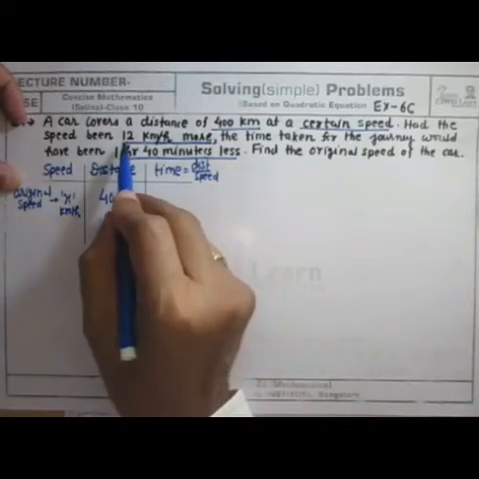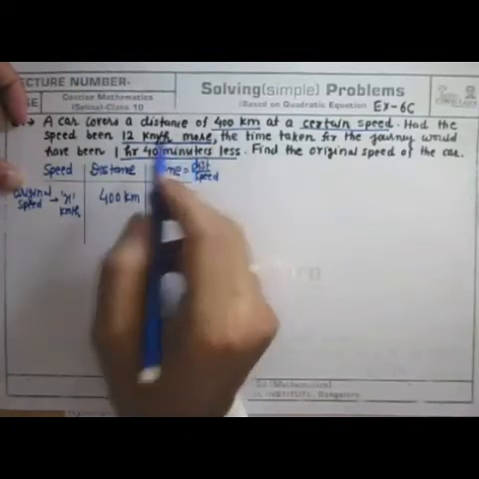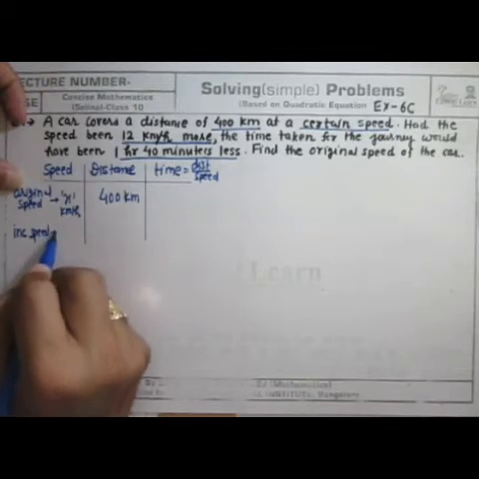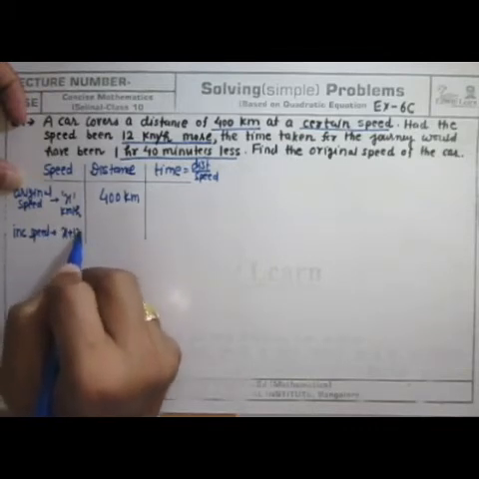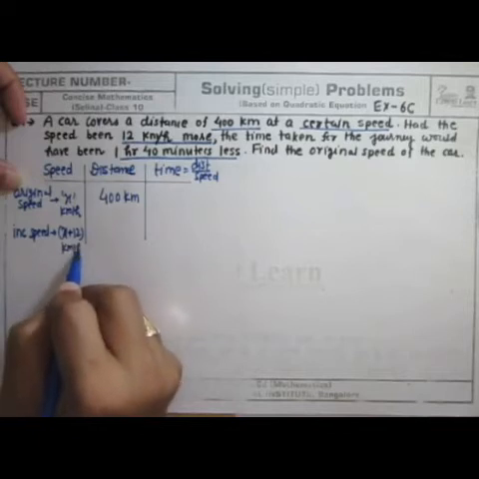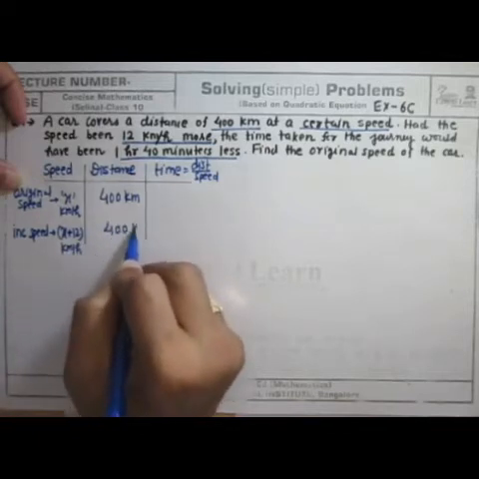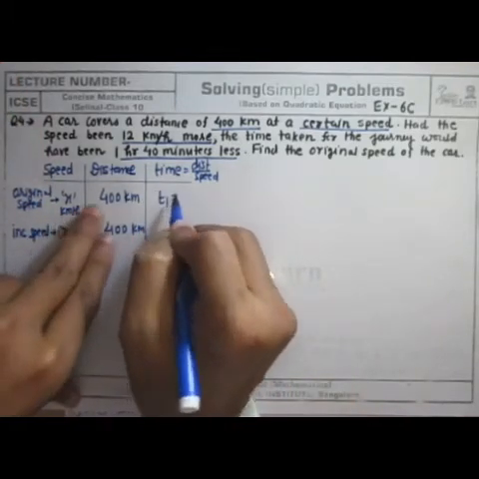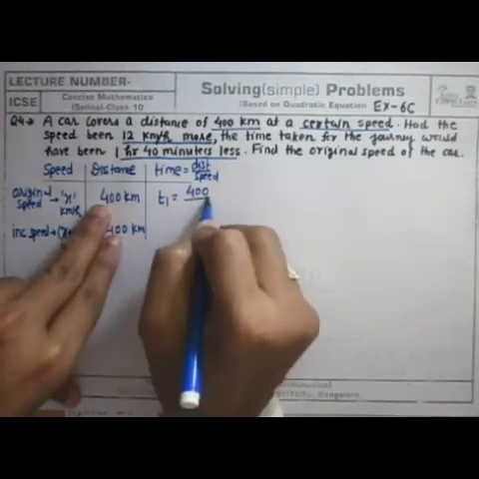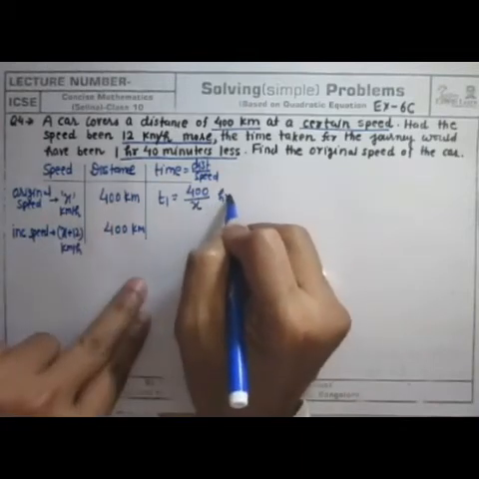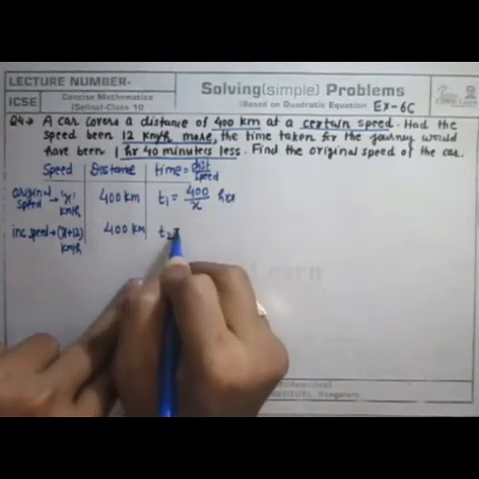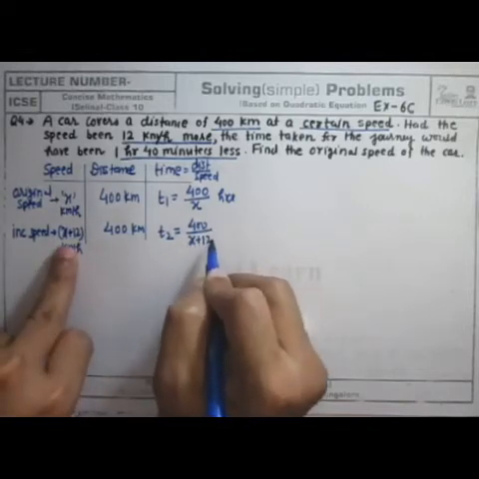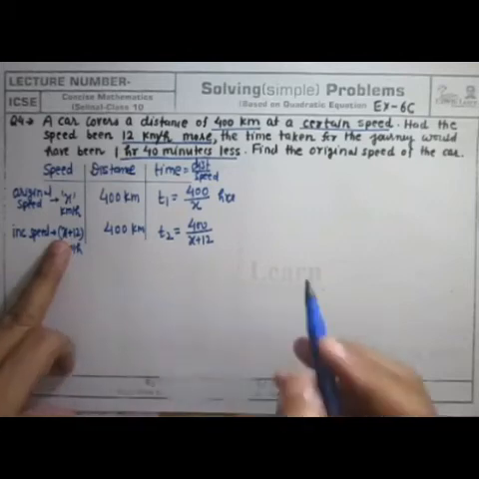Had the speed been 12 more, the increased speed is x plus 12 kilometer per hour, and with this speed also the distance covered is the same, 400 km. So with the original speed, the time taken is distance by speed, 400 by x, and unit will be hours. With the increased speed also, the time taken will be 400 by x plus 12. Distance covered is 400 and speed is x plus 12 and unit will be hours.